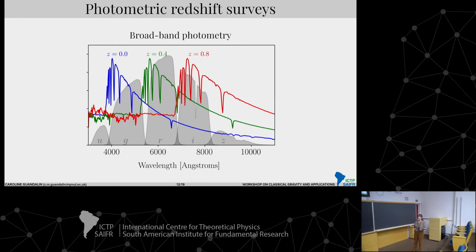So this is very nice when it comes to overcoming the shot noise that you have. And basically, broadband photometry is going to take these strong spectral features and guess what the redshift of these objects is, instead of putting this through a spectrograph and getting a very precise measurement of the redshift.